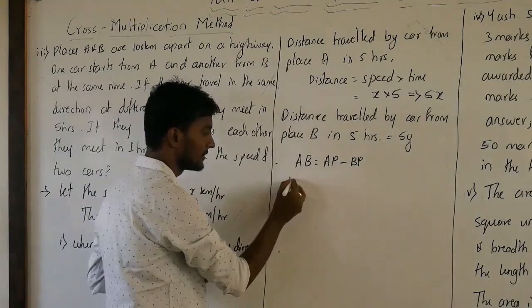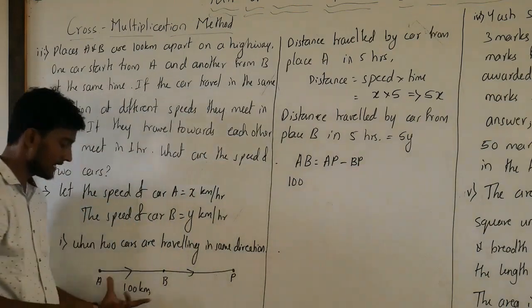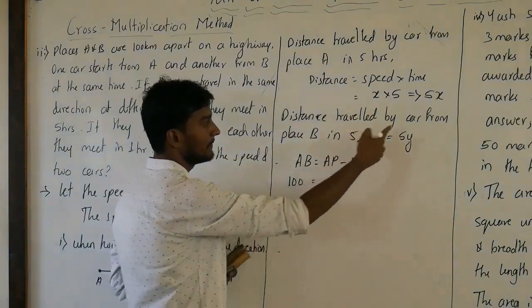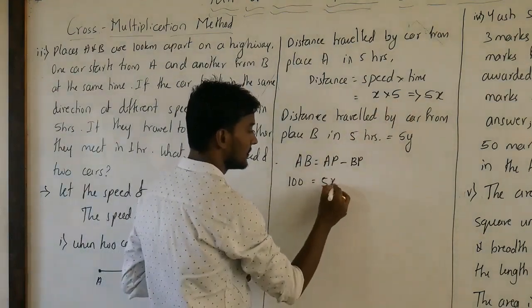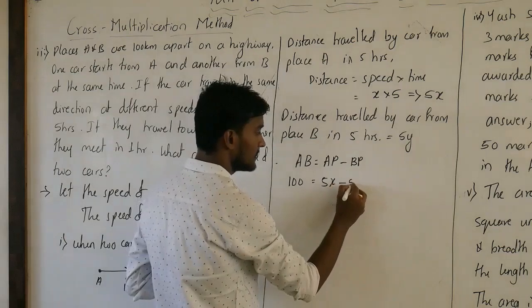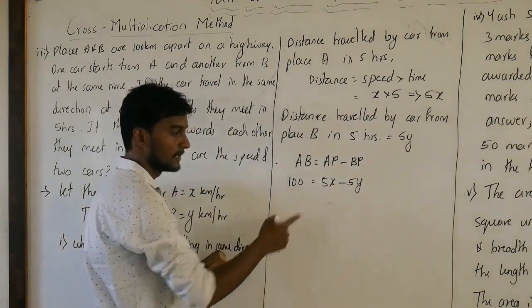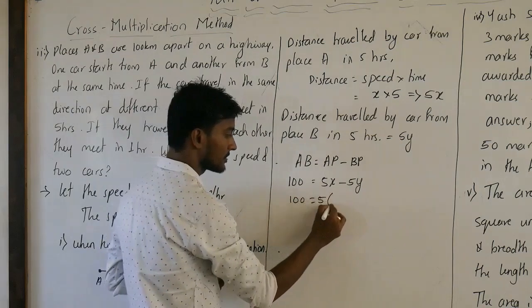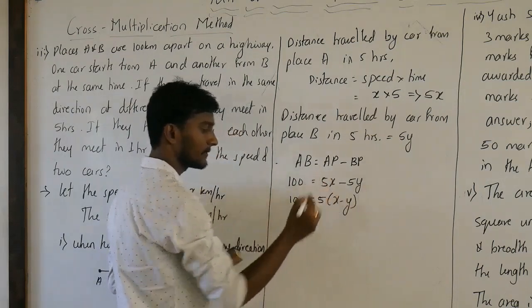AB is the distance between car A and car B, which is 100 km. So 100 is equal to AP, which is 5x, minus BP, which is 5y. 5 is common, so 100 is equal to 5 times x minus y.